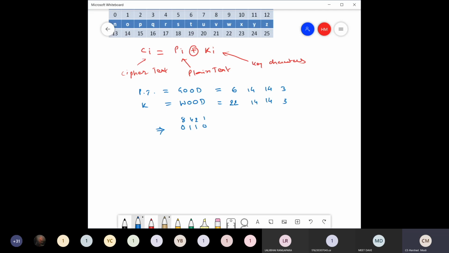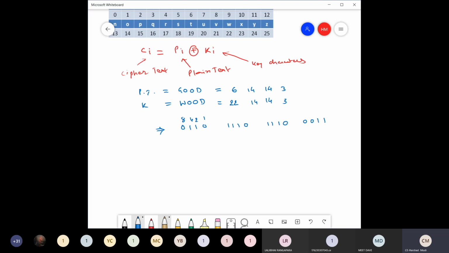By the same way, 14 means 1 1 1 0, which is 8 plus 4 plus 2. And 3 is 0 0 1 1, 2 plus 1 is 3.